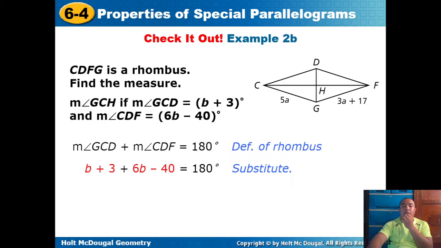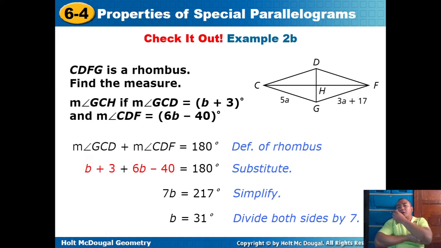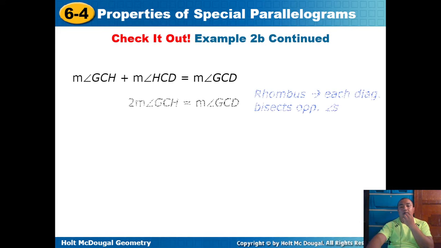So you can now solve for b here. 7b minus 37, or 180 plus 37 is 217, divided by 7, 31 degrees is the value of b. Therefore, 34 degrees yung angle GCD. Yan naman CDF, 31 times 6 is 186 minus 40 is 146.